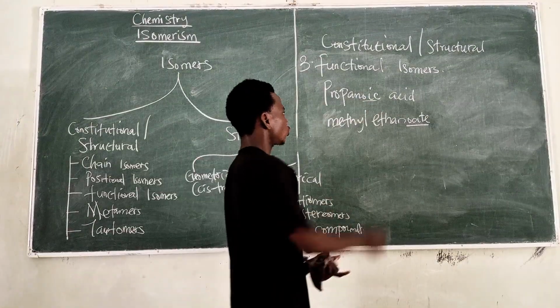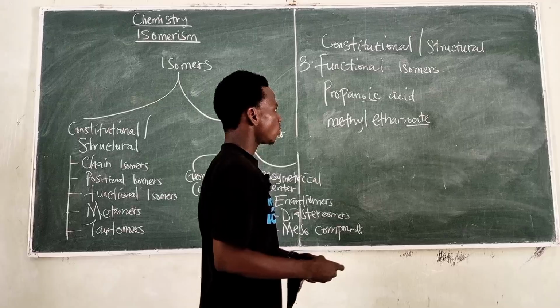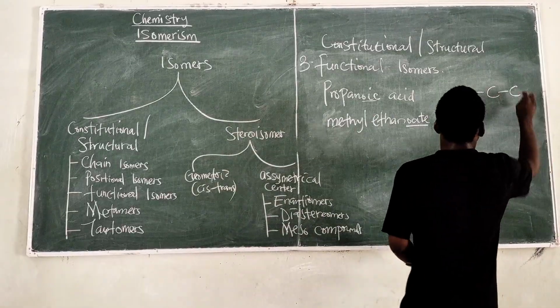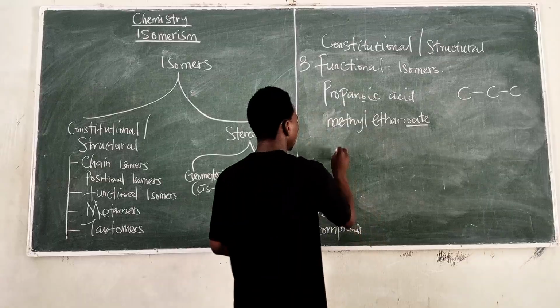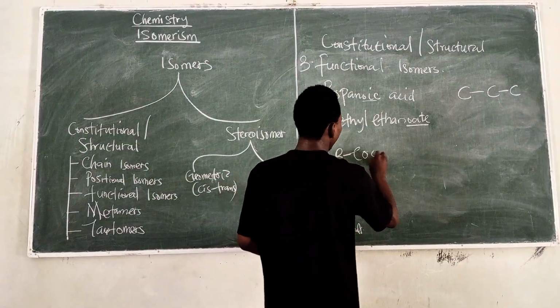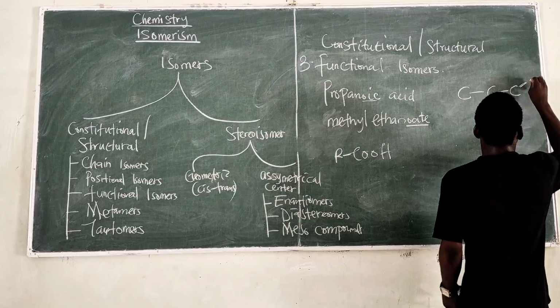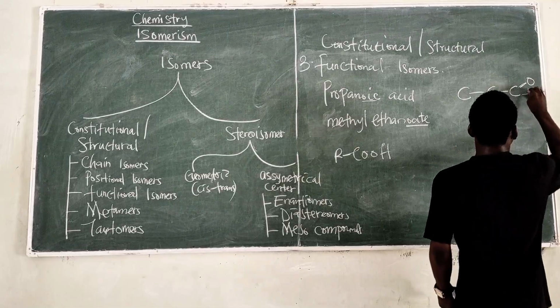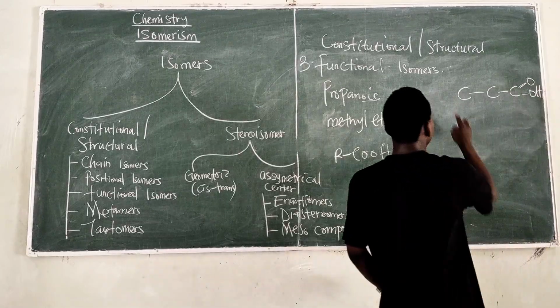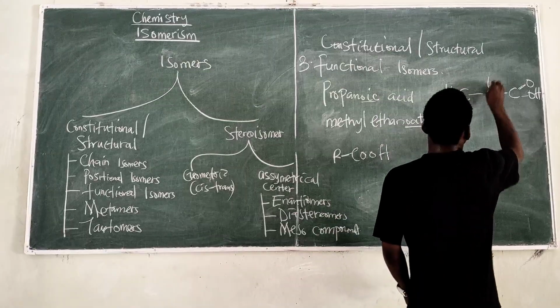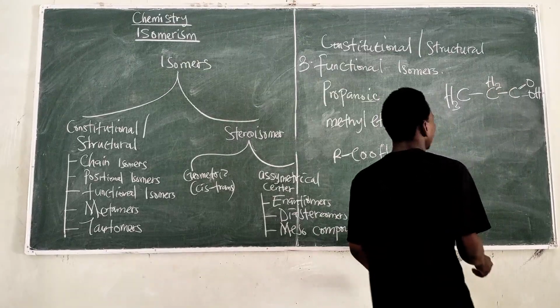So going by the structures, we know that prop indicates 3 carbon atoms, and the alkanoic functional group is RCOOH. So the last carbon is bonded to 2 oxygens: double bonded to one oxygen and single bonded to OH. This particular carbon is bonded to 3 hydrogens. This is bonded to 2 hydrogens.